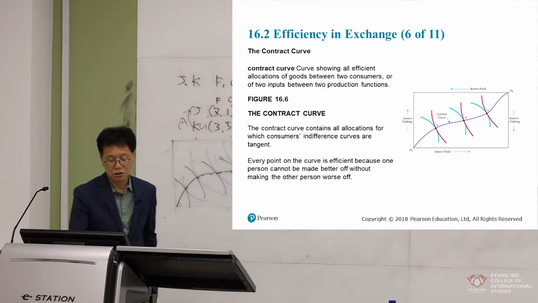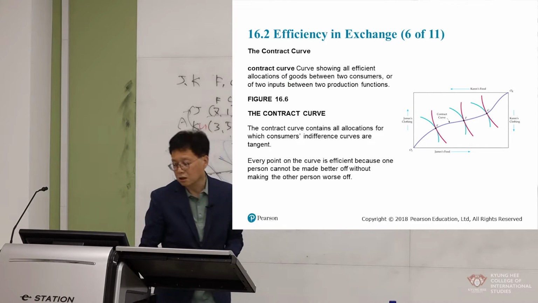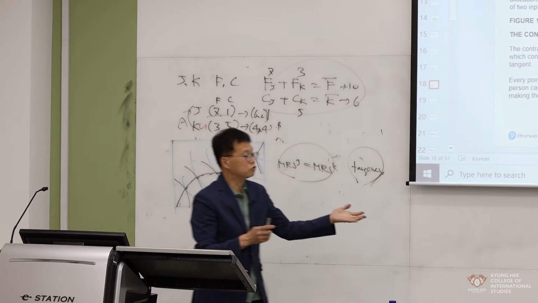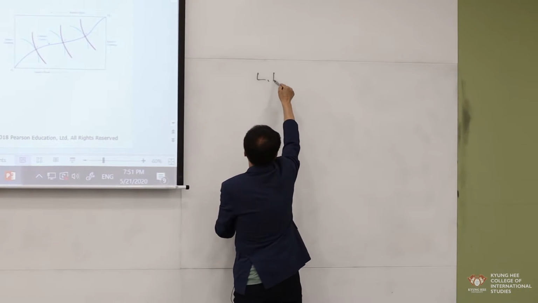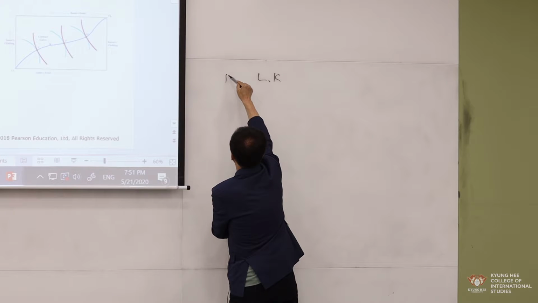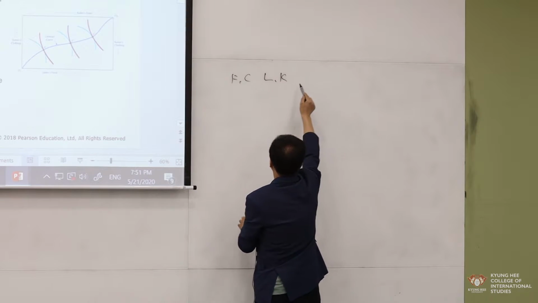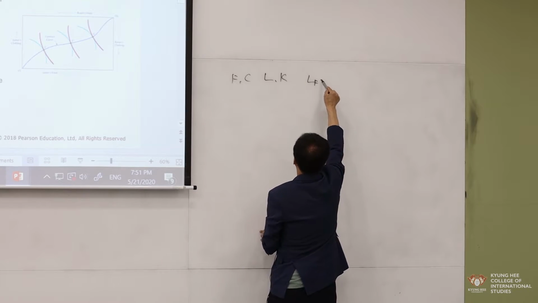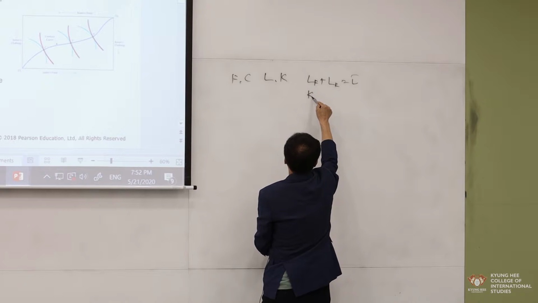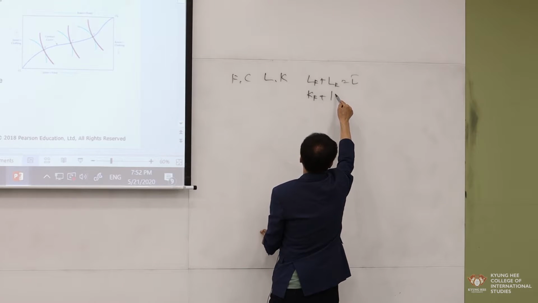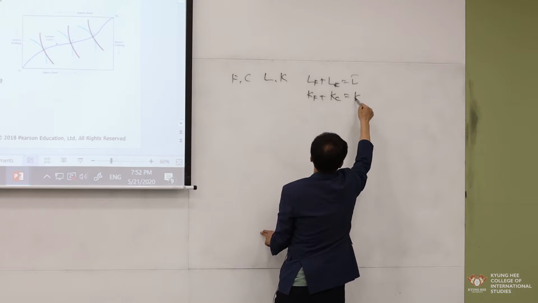Also, I'd like to give a contract curve explanation for the two-factor case, labor and capital, with food production and clothing production. This is efficiency in production. LF plus LC is L bar, and KF plus KC is K bar.